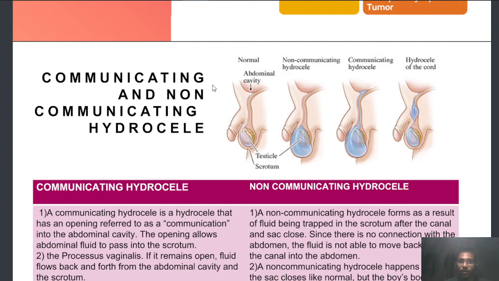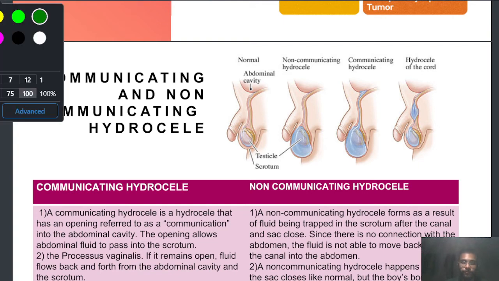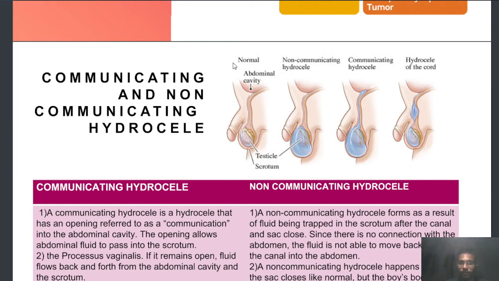Here I would like to take your attention to this diagram right here. This is a normal abdominal cavity. As you can see here, there is the testicle. This is the testicle, this is the scrotum, and this is pretty normal. There is no fluid accumulation here, everything is normal.